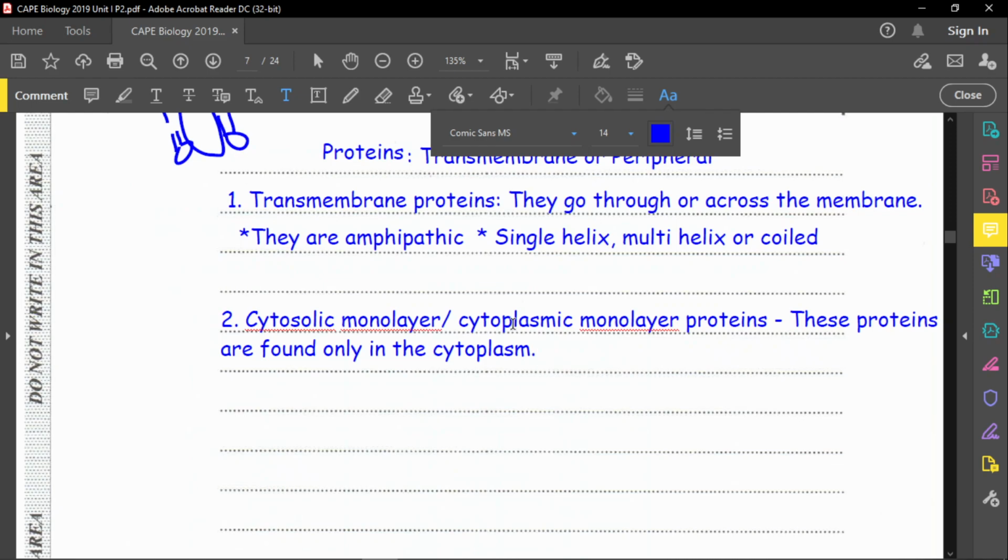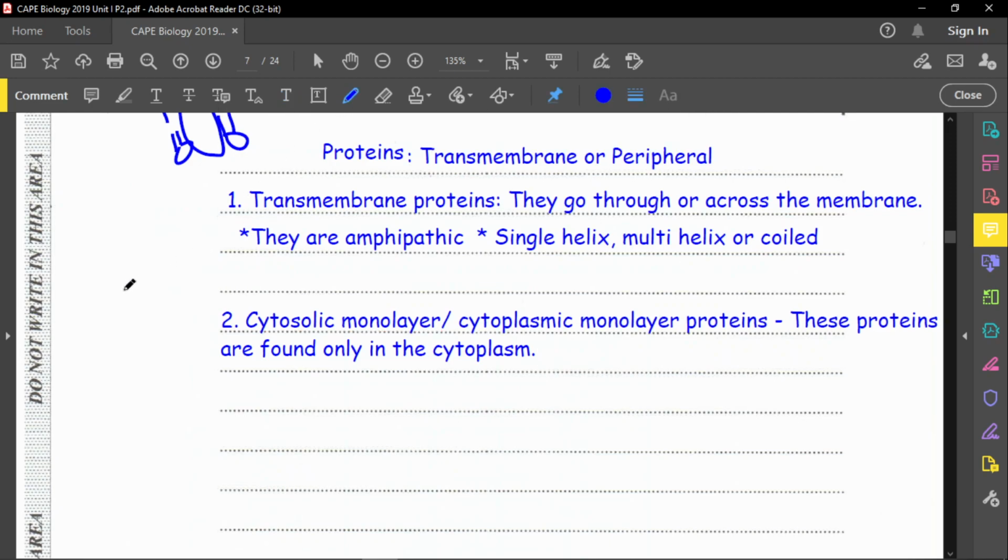So you only see them in the cytoplasm, and they connect to the membrane that is in the cytoplasm. Let me do a quick drawing to demonstrate what I'm saying here.